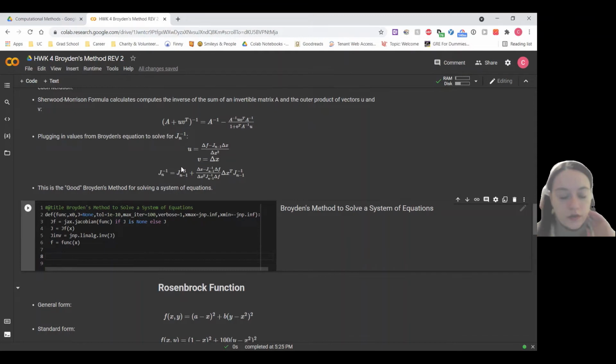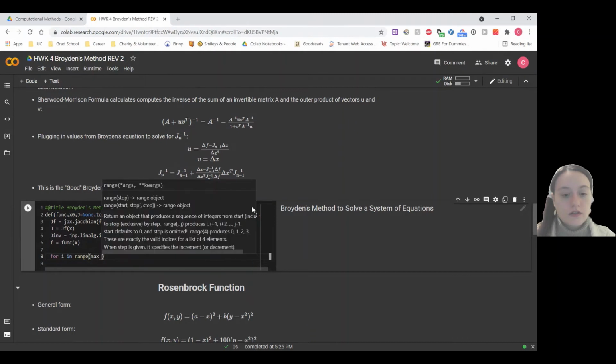So now we have our initial values, and we're going to enter the loop.